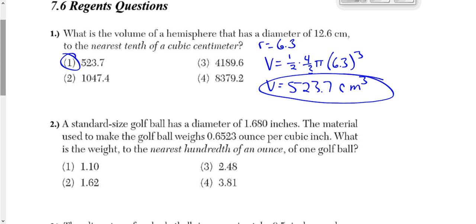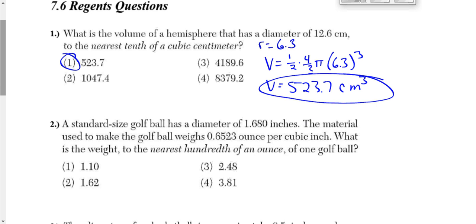So I'm going to do parentheses 1 divided by 2, close parentheses, times parentheses 4 divided by 3, close, times pi times 6.3 to the third power.